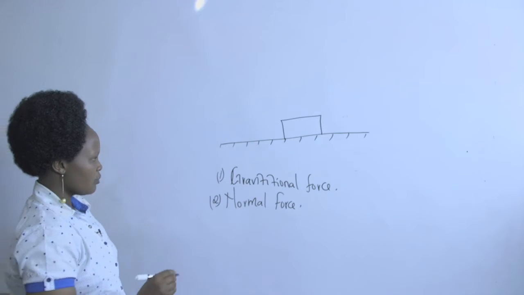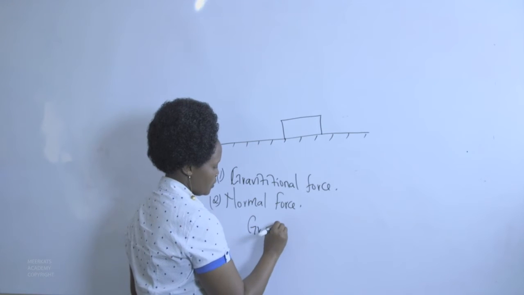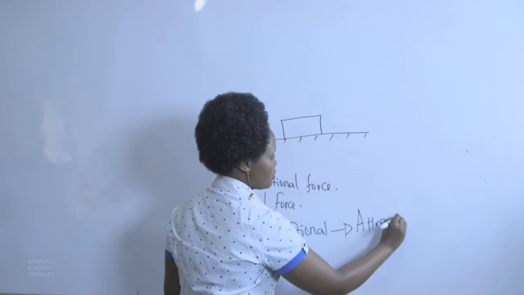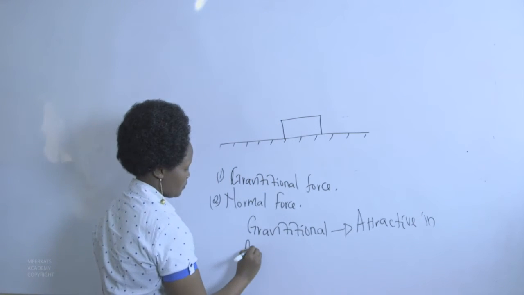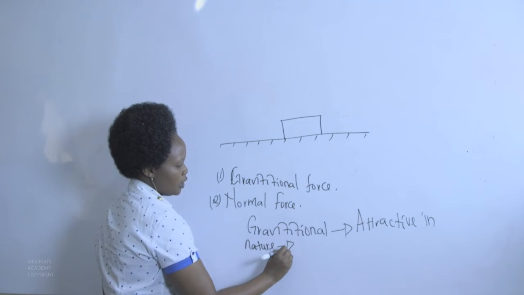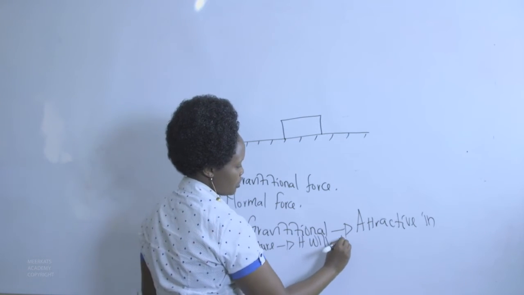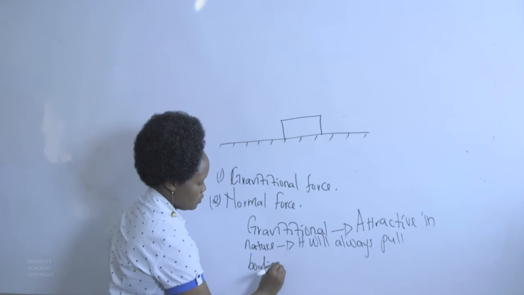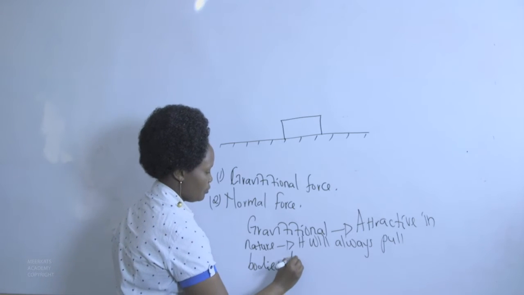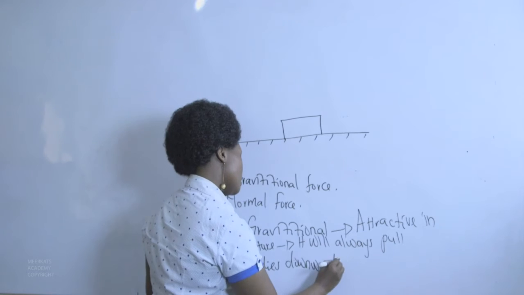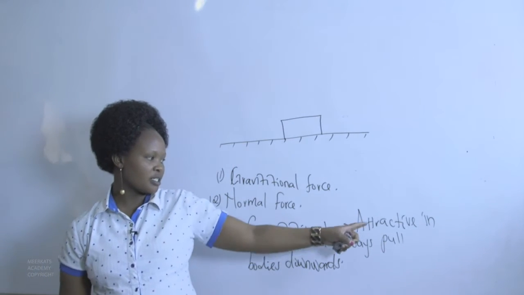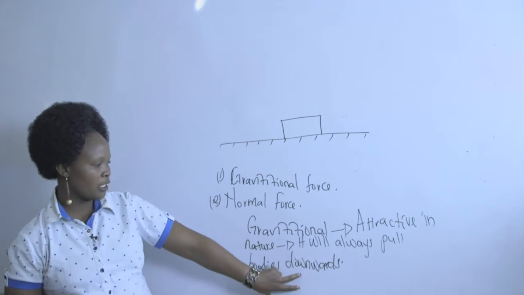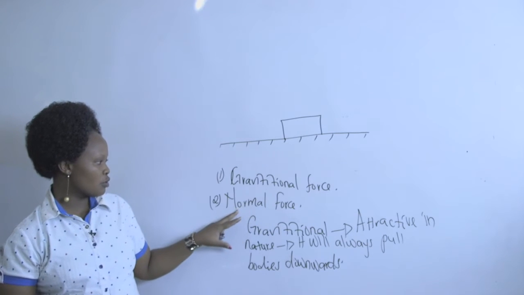Now, it is good to note that gravitational force is attractive in nature, and thus it will always pull bodies downwards, and we assume it's towards the center of the earth. How about normal force?